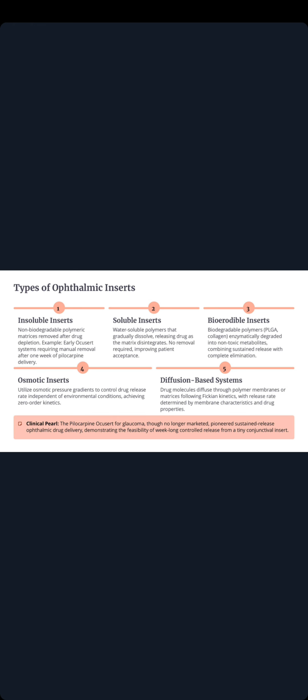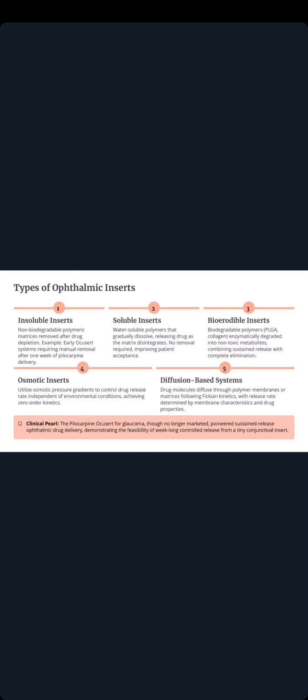And fifth, we have diffusion-based systems. Drug molecules diffuse through a polymer membrane or matrix following Fickian kinetics, with release rate determined by membrane characteristics and drug properties. The clinical note is, for example, pilocarpine Ocusert for glaucoma is no longer marketed.